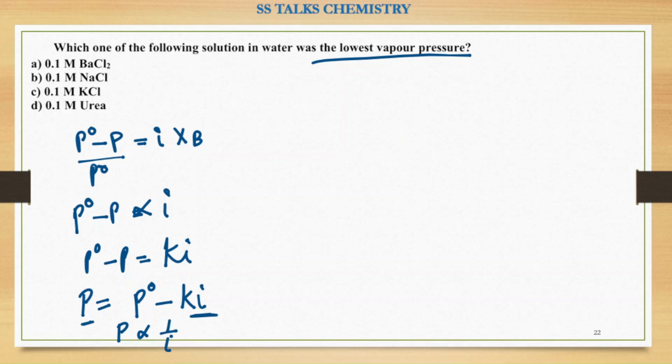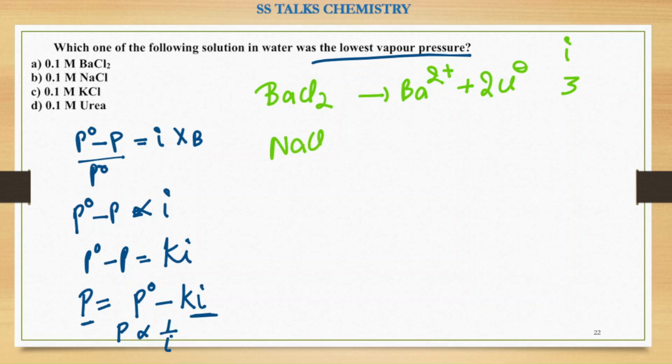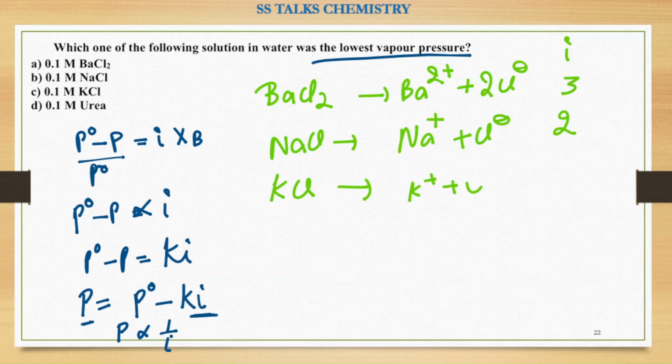Now we will calculate the i value for the different solutes that have been given to us. Barium chloride dissociates to give Ba 2 positive plus 2Cl negative, so the i value will be 3. Next, sodium chloride gives sodium positive plus Cl negative, so the i value will be 2. For KCl, again K positive plus Cl negative, so 2 ions will be formed.